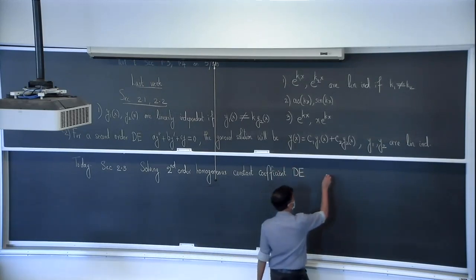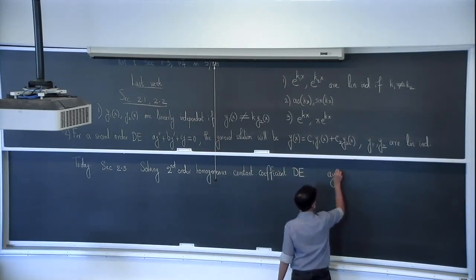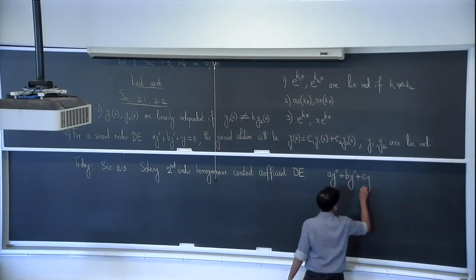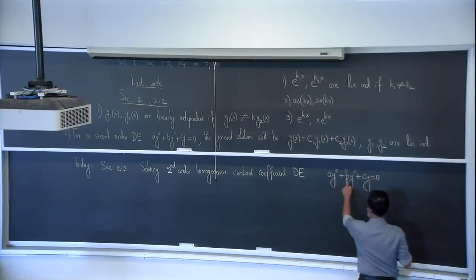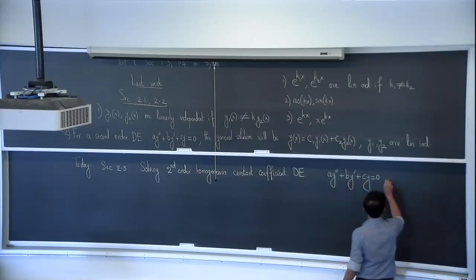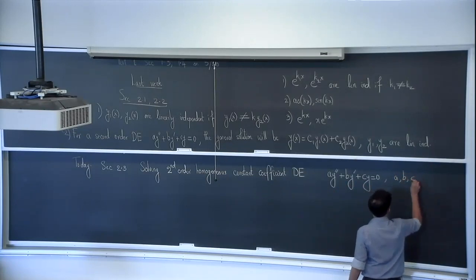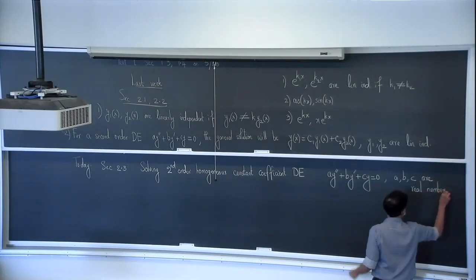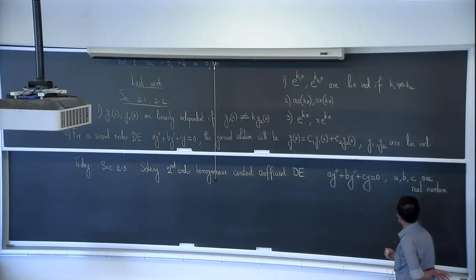And this is what it generally looks like: a y double prime plus b y prime plus c y equal to 0. a, b, c are all numbers, because they are constant coefficients, or real numbers. a cannot be equal to 0 because if a is equal to 0, the equation becomes first order.